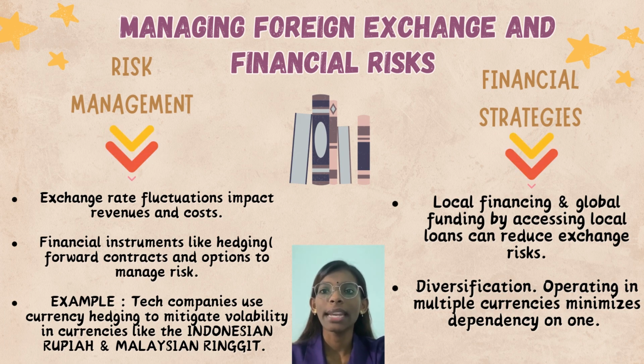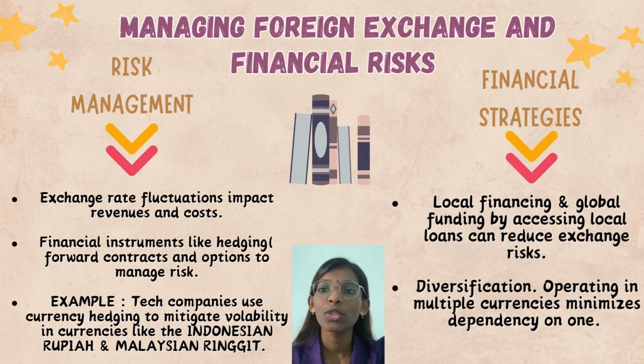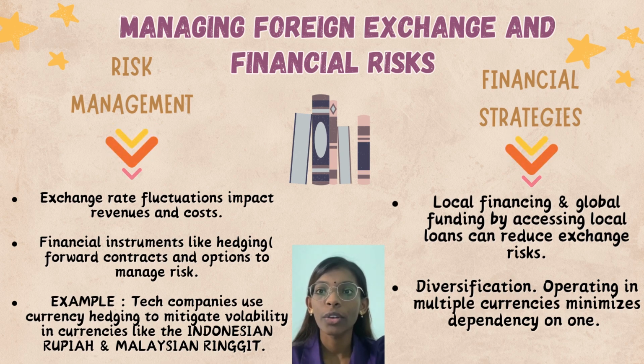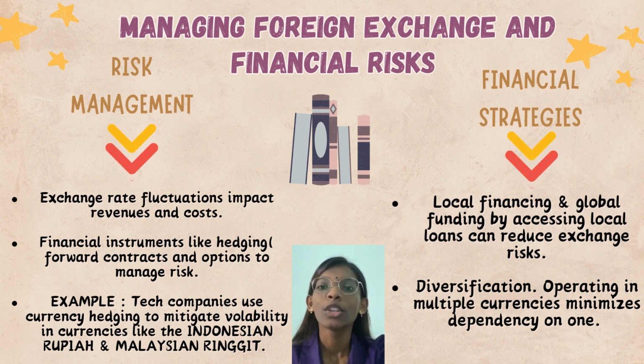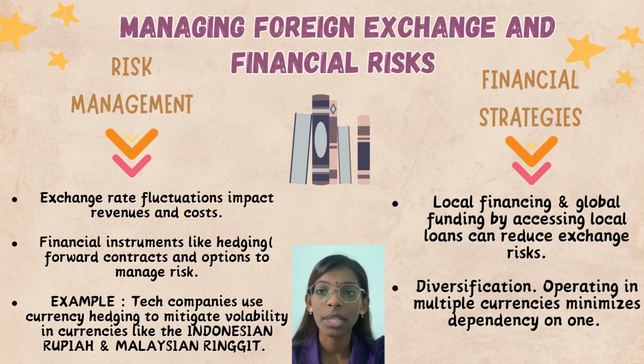Next, we go into managing foreign exchange and financial risk. Expanding into Southern Asia introduces foreign exchange risks as revenue and costs may be exposed to fluctuating currencies such as the Indonesian rupiah or also the Malaysian ringgit. To mitigate this risk, companies can utilize financial instruments like forward contracts or currency options to hedge against currency fluctuations.